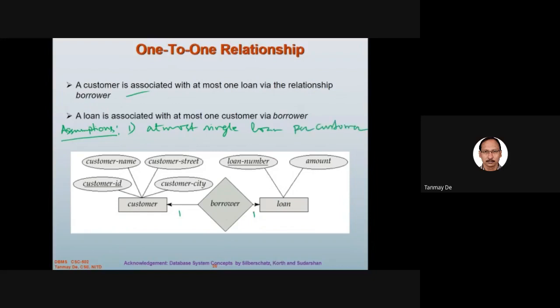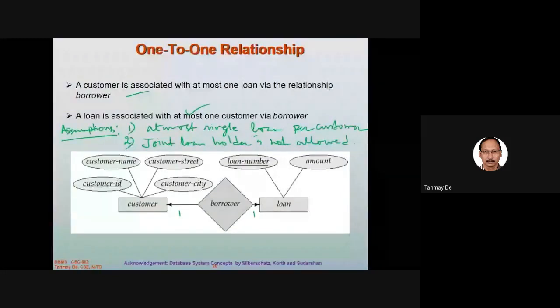And the loan is also associated with at most one customer. So a joint loan holder is not possible. Joint holder is not allowed.